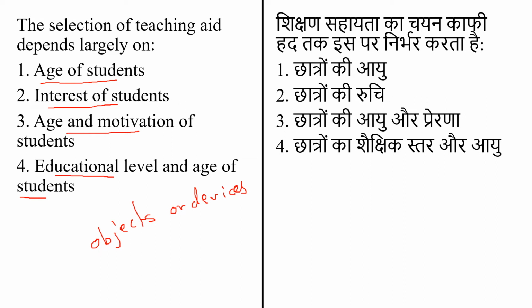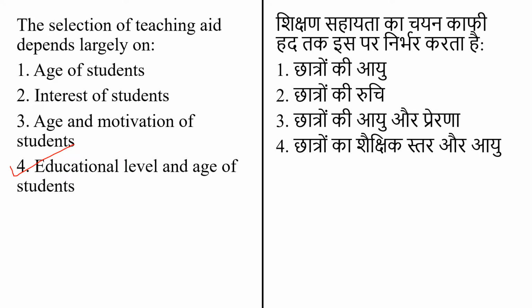The student will get confused. So the educational level and the age of the student matter while selecting the teaching aid. Therefore the correct answer for this question will be option number 4. Selection of teaching aid depends largely on educational level and the age of the student.